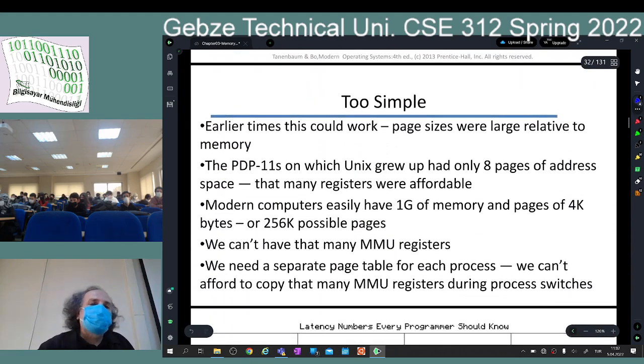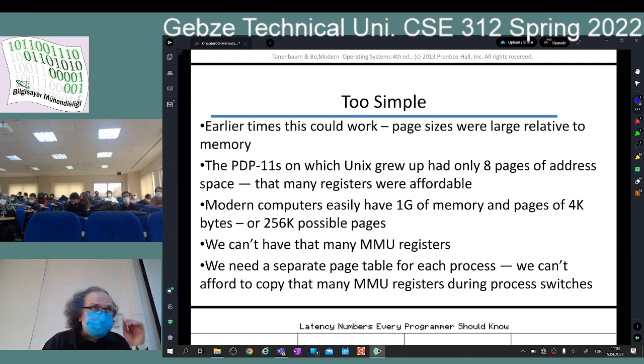So this approach is too simple. We need to do something better, and I am going to spend maybe the rest of today telling you what we can do to make the page tables faster.